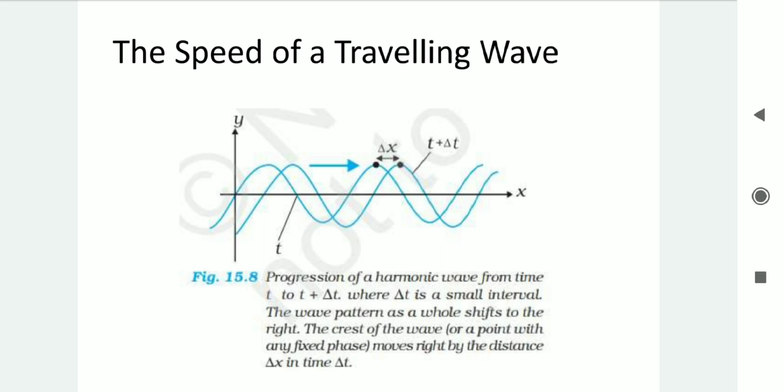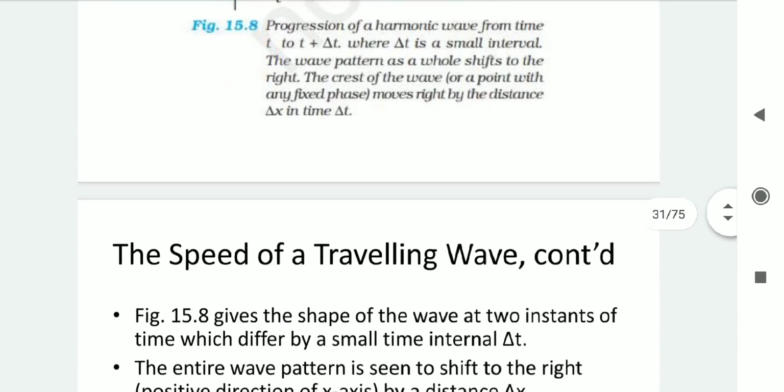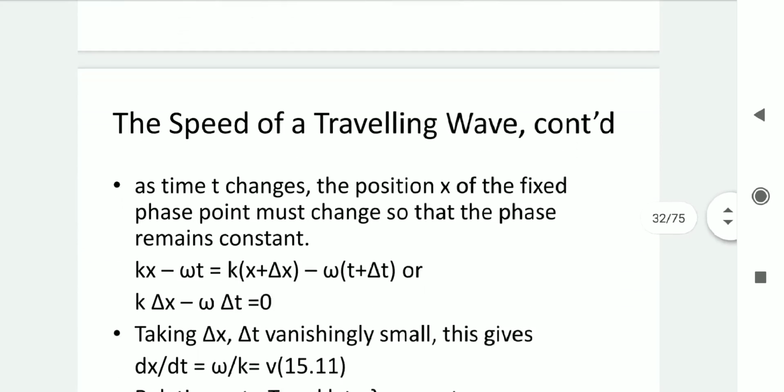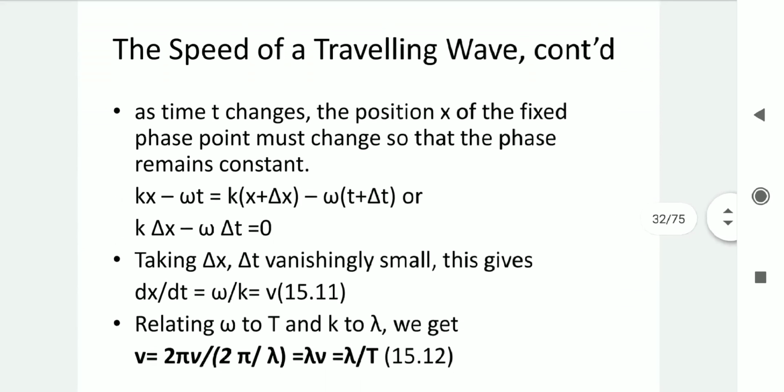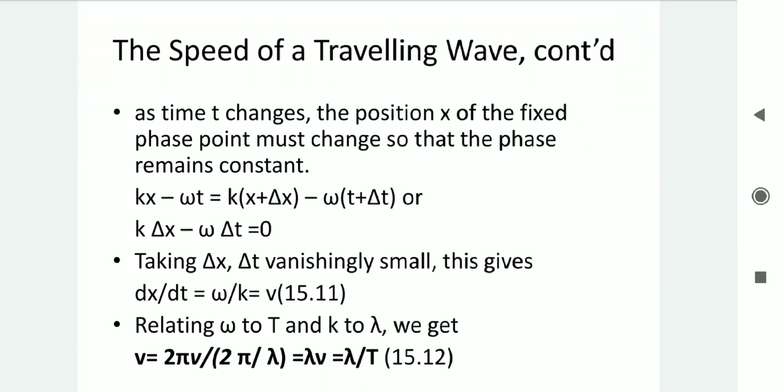Here, for the motion of the fixed phase point on the wave, given by kx minus omega t, we keep it constant. So as the time t changes, the position x of the fixed phase point will also change, so that the phase remains constant. So in kx minus omega t, x changes to x plus delta x and time t changes to t plus delta t.